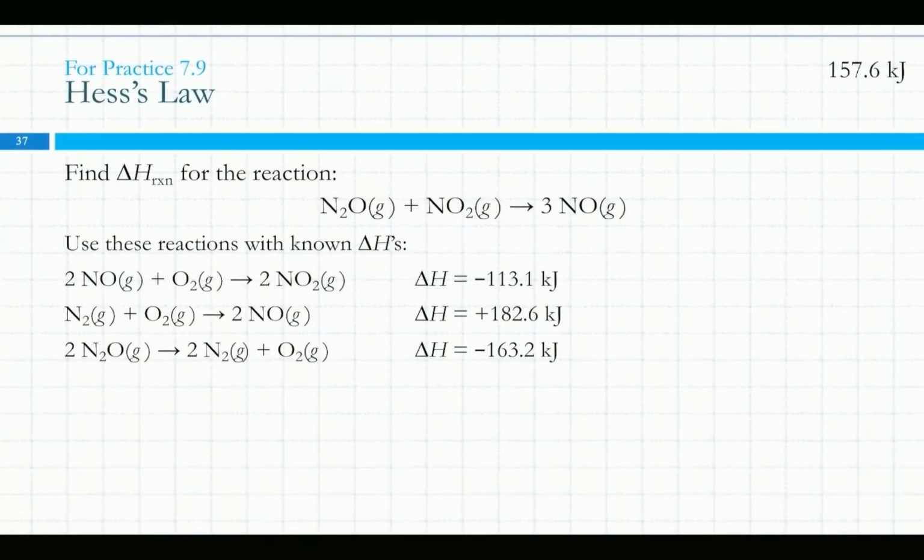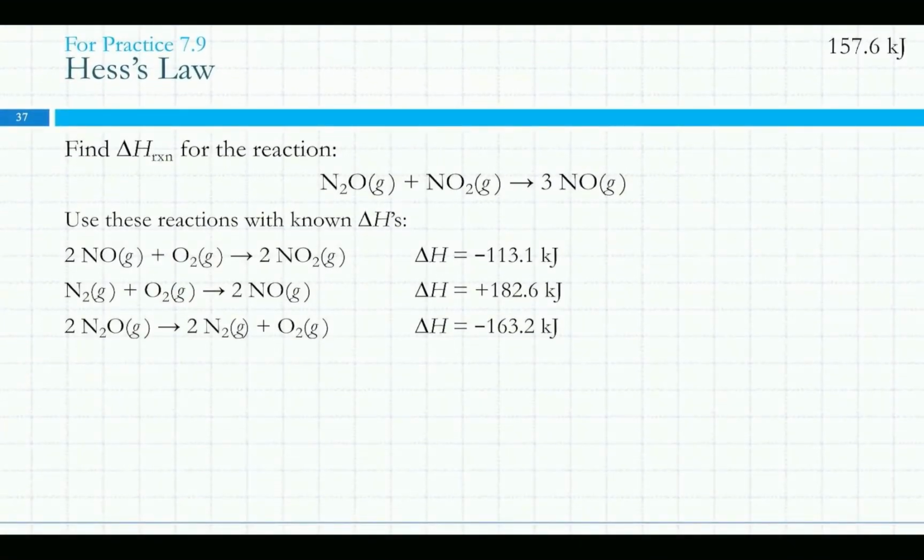Or the next level of this is taking multiple reactions and trying to end up with some other reaction. And this is, again, another place where it's, okay, how are these different? I think one strategy that's really helpful is to look at the reaction that I want and figure out where those are in my sort of given reactions.